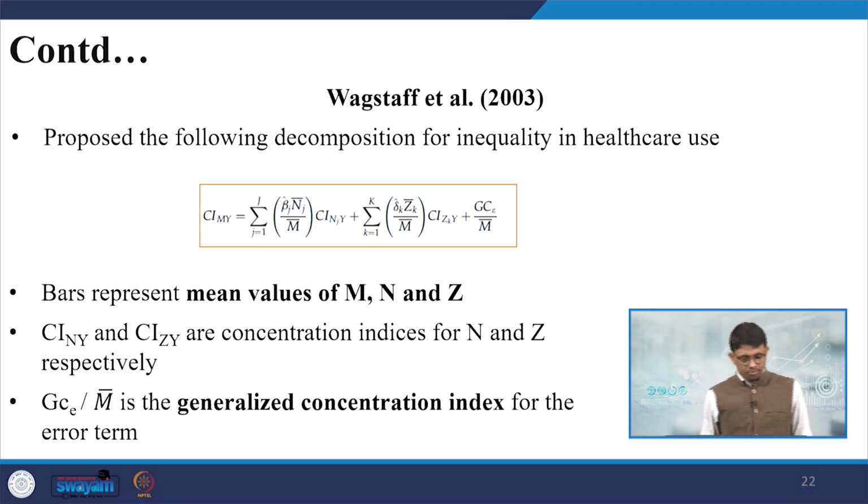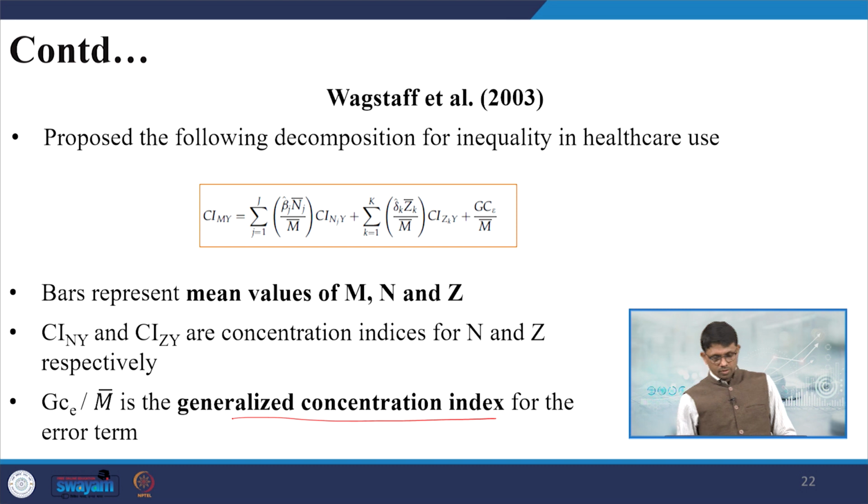When we say bar, that represents the mean values of m, n and g. Okay, m, n and g. So, CI n and CI j are the concentration indices for n and j respectively. GC divided by m bar is indeed called the generalized concentration index for the error term.